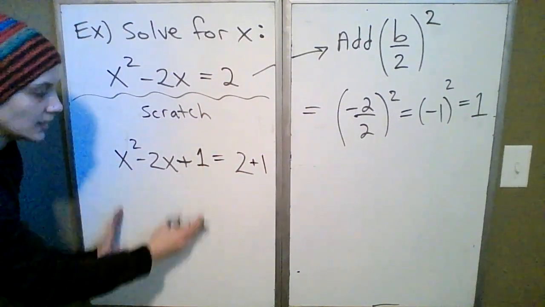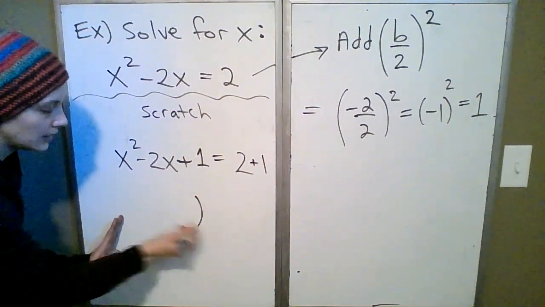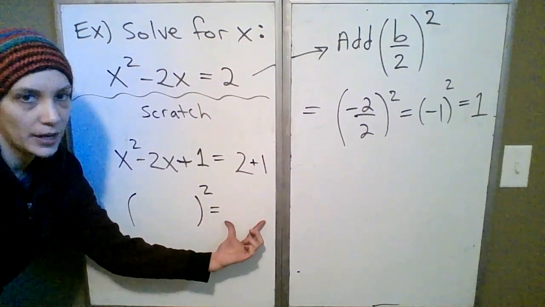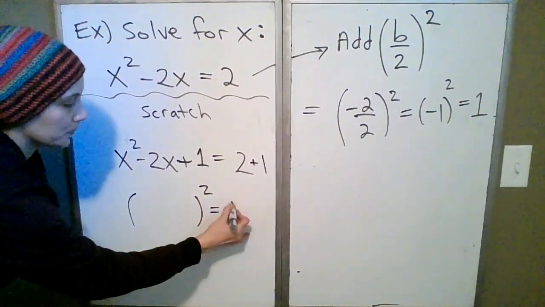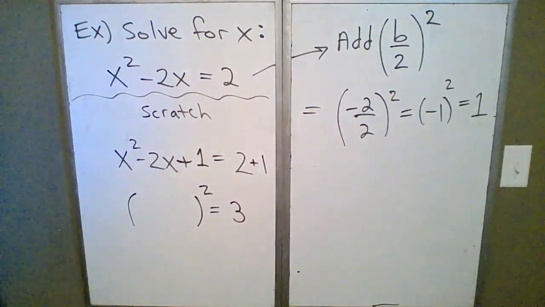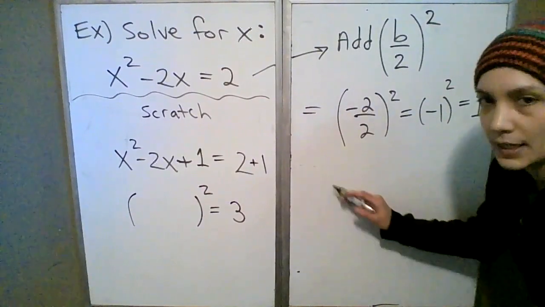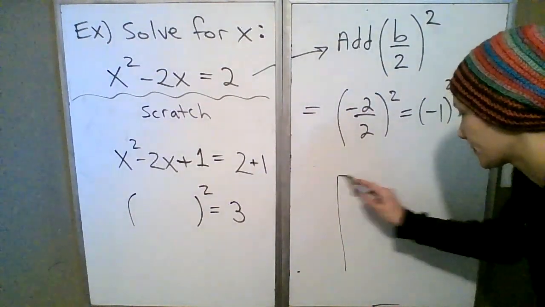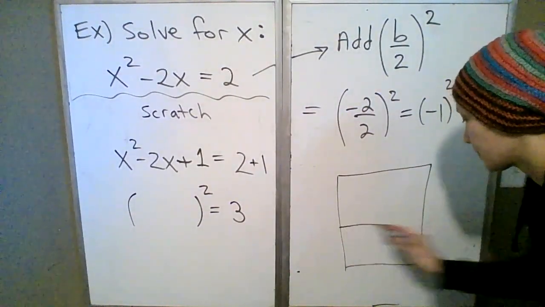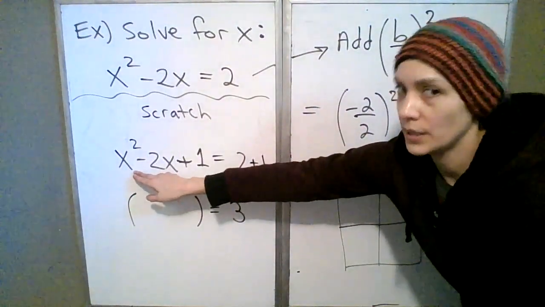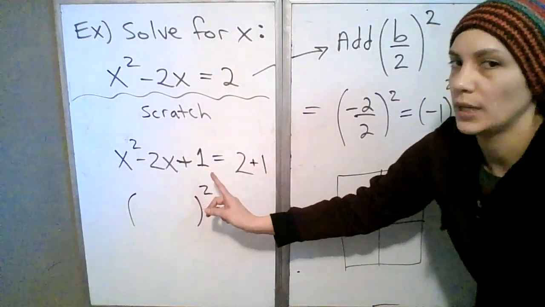Okay, so from here to here, we will complete the square. And on this side, we have 3. Okay, and I like to draw a square. And then on one corner, x squared, the other corner, 1.